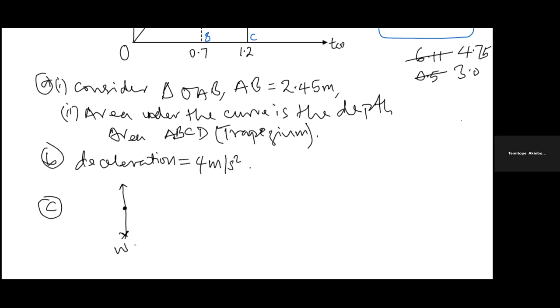Now, this is the stone here. The weight we have vertically downwards, isn't it? mg. Am I right? Yes, sir. You have the normal reaction, isn't it? So normal reaction minus weight equals ma.